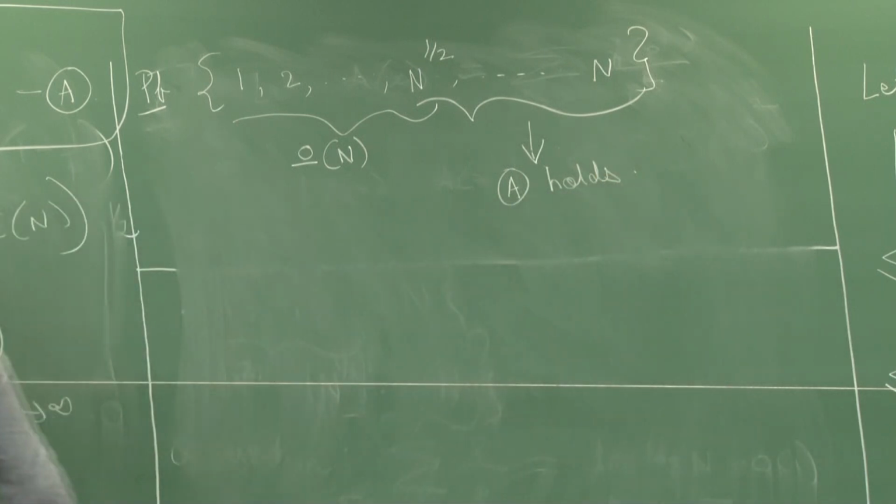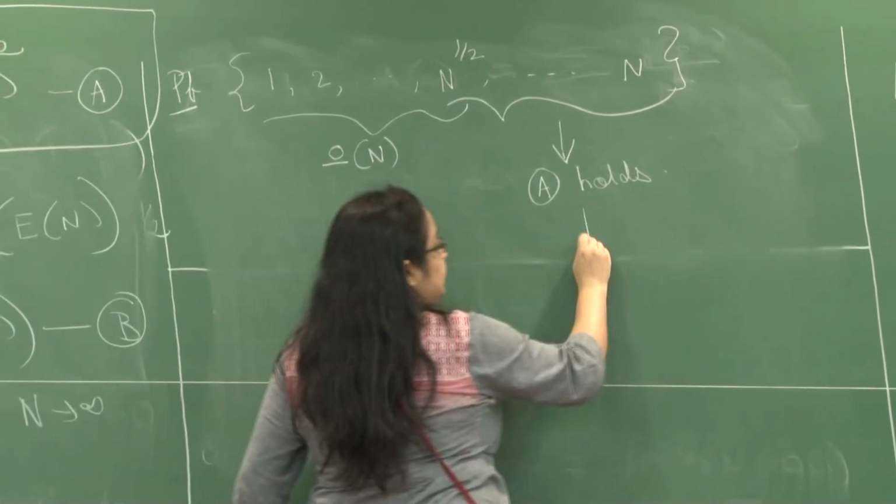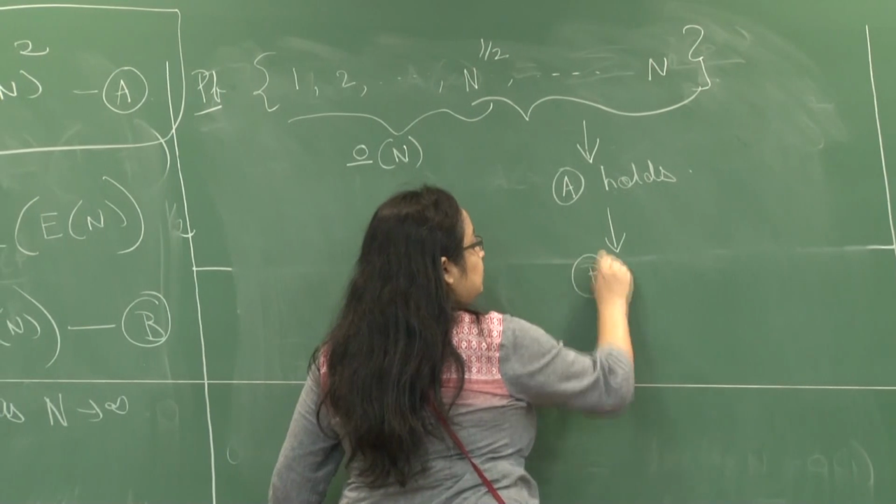And therefore, if D of n is little o of E of n, then this holds as well. Okay? So let's call this B, and this implies that B holds.